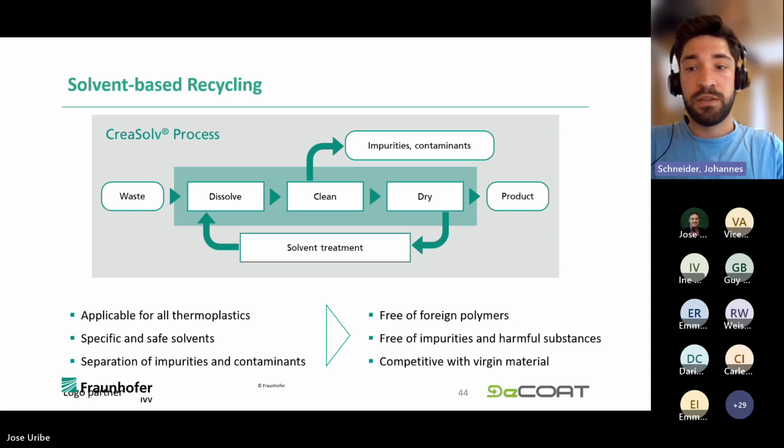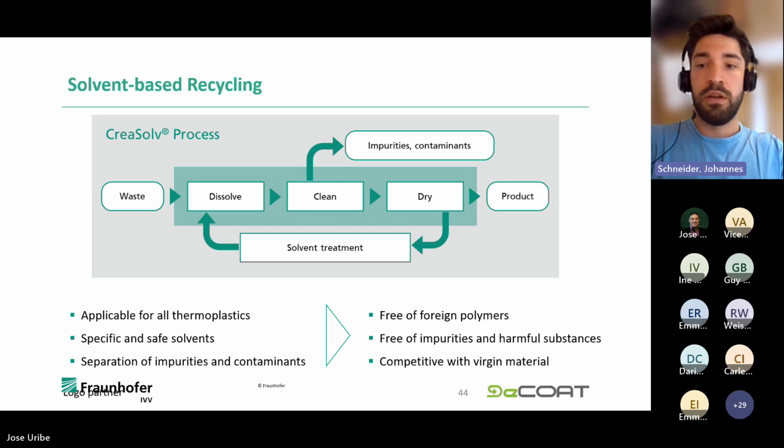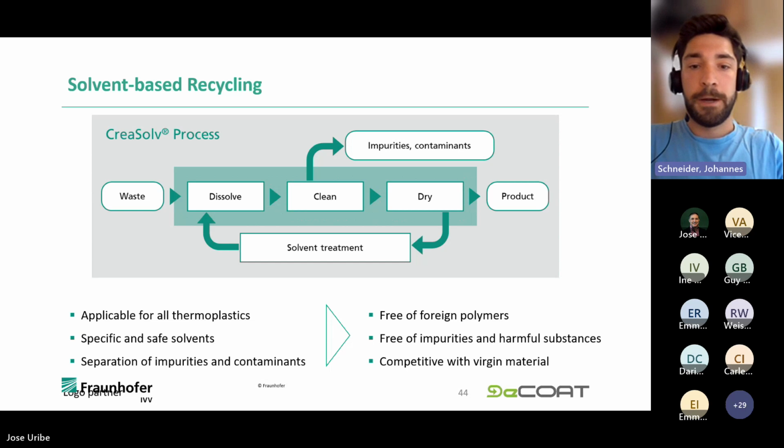Then the dissolved polymer is cleaned, and impurities or contaminants can be removed in that step. For example, this can be brominated flame retardants or plasticizers in the polymers like phthalates. And after this cleaning process, the polymer is dried.